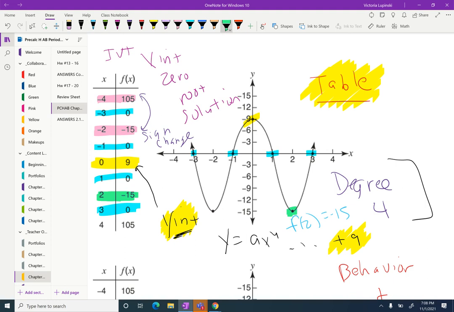Over here, something like (4, 105), even though you can't see it, would mean that up here there's a point, and that would mean that f of 4 is equal to 105. So again, I want to make sure you understand how the table connects to the graph, how the function notation connects to the table, and just how everything goes together. Any questions on any of that?